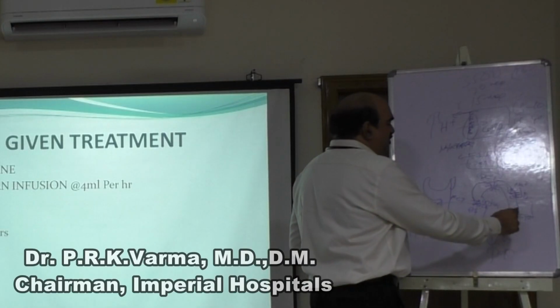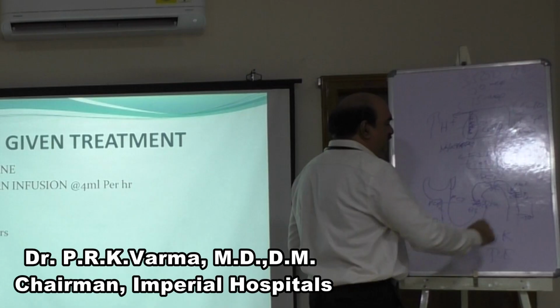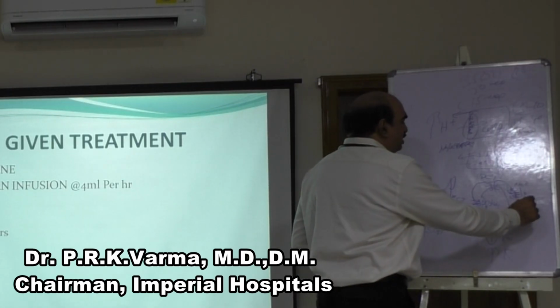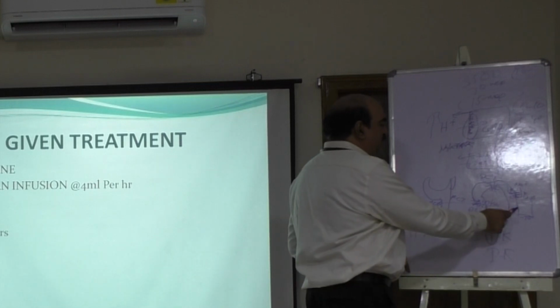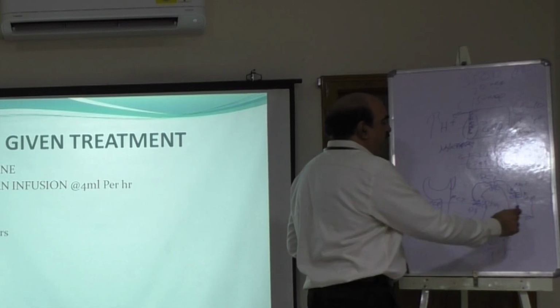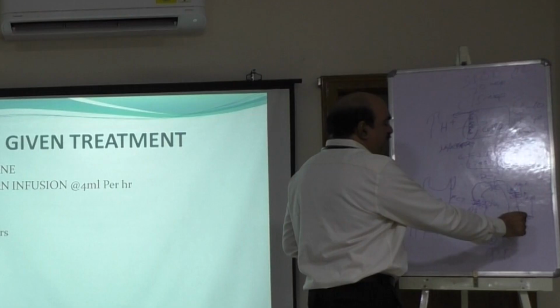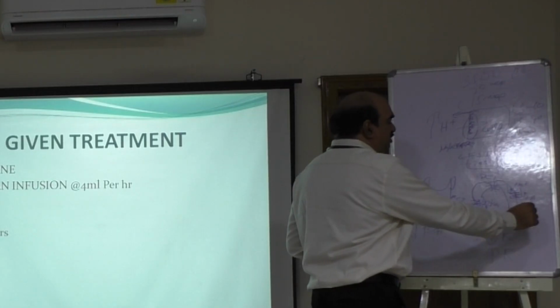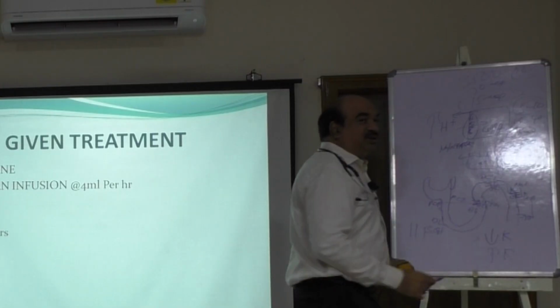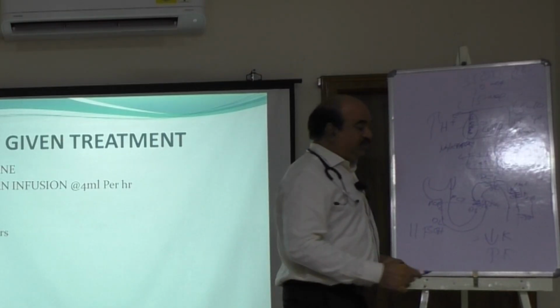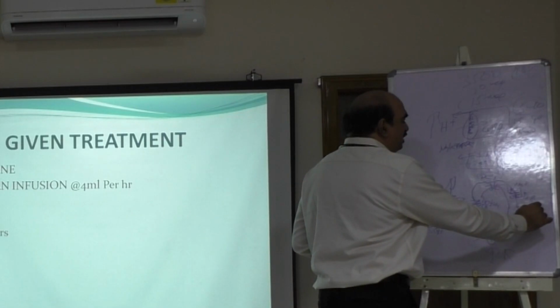In the tubular cell, this is the apical membrane part, this is the basolateral membrane part, this is the lumen. The mechanism for this negative potential is sodium potassium ATPase activity in the basolateral membrane, that is stimulated by aldosterone.